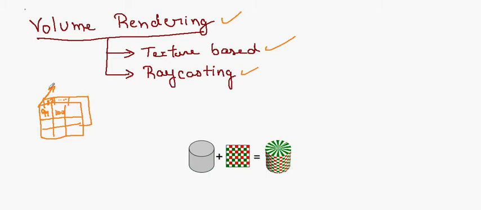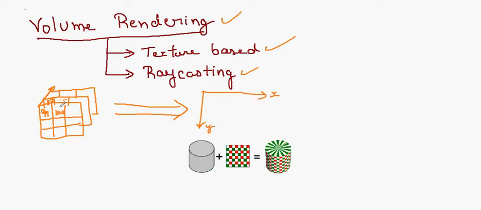Similarly there are numbers, and it's in 3 dimensions. So I have to show this 3-dimensional data on a 2D screen which has only 2 dimensions, x and y.